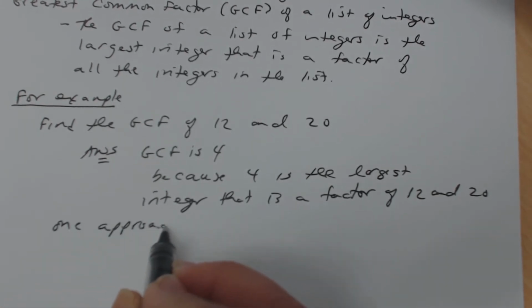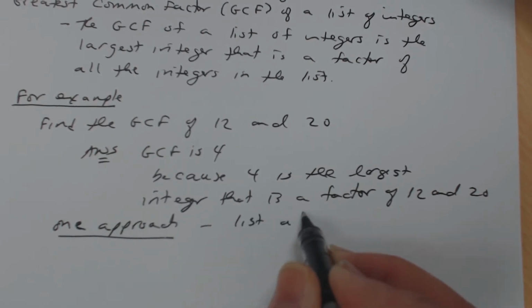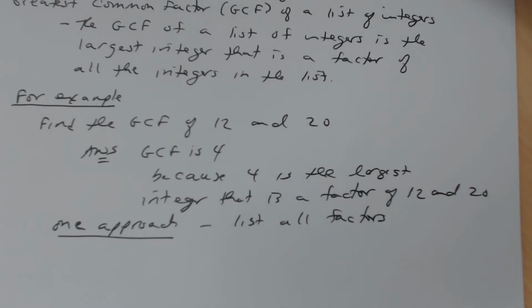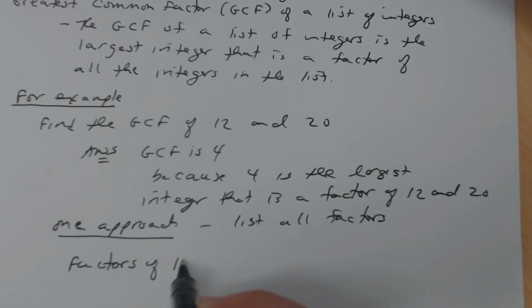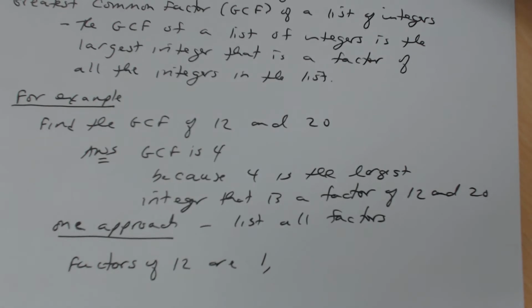One approach to get this is to list all factors. For example, factors of 12 are 1, because 1 goes into 12, and what you could do is say 1 times what is 12?